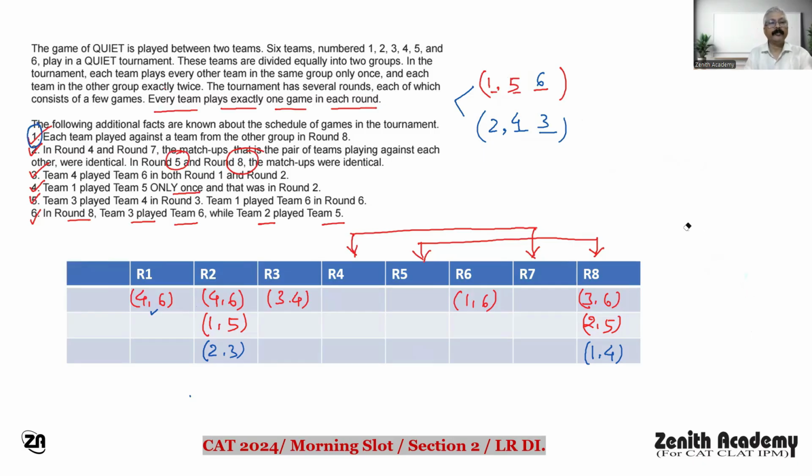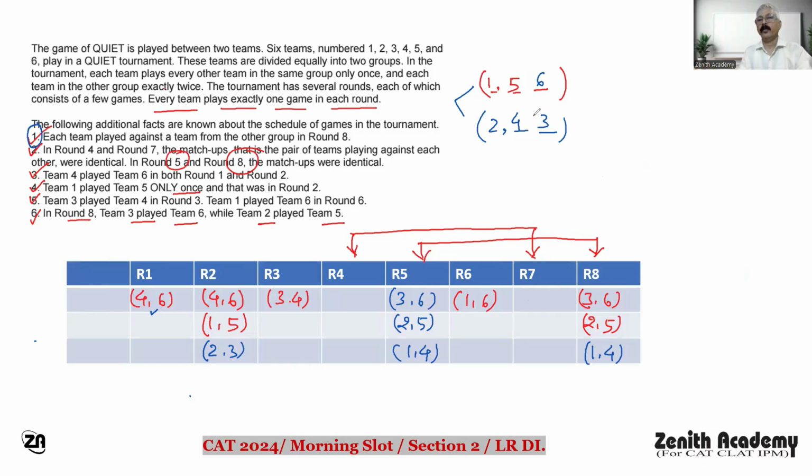And now see, it was given that round 5 and round 8 are identical. So it means here 3 and 6, 2 and 5, 1 and 4. Okay.